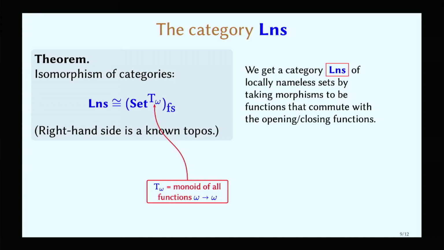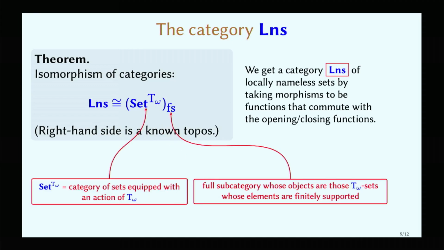So T omega here, that's just the monoid of all possible functions from numbers to numbers. So that's the full transformation semigroup, as semigroup theorists would say, on the countably infinite set omega. And we look at then Set to the T omega. That's just the pre-sheaf category, which is the sets equipped with an action of that monoid, a left action of that monoid.